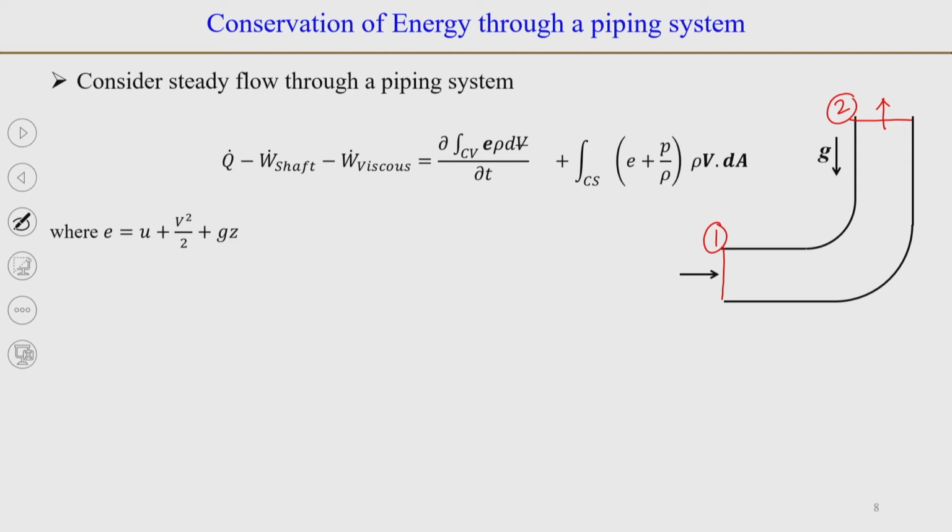We can further expand, e is equal to u plus V square by 2 plus gz: specific internal energy plus kinetic energy and potential energy. If the flow is steady, which is generally the case for most of the problems, then the unsteady term will be 0. And in this system there are no machines, so the shaft work is also 0.